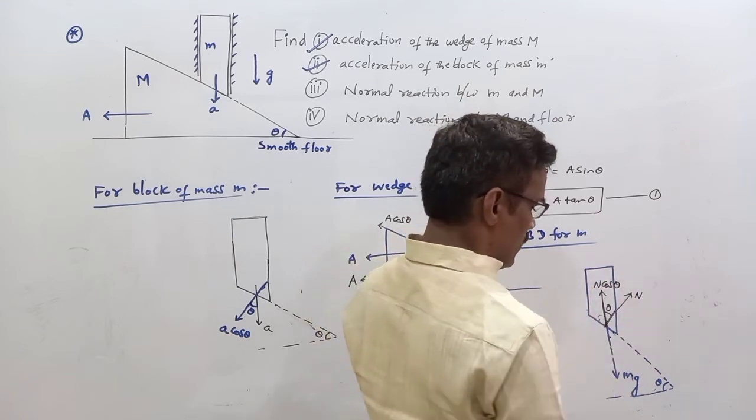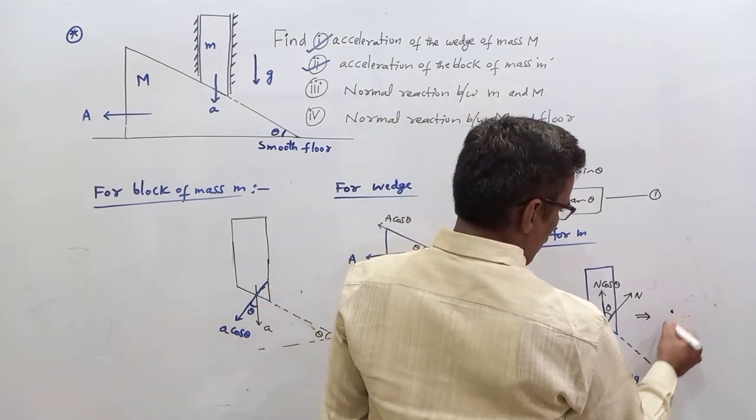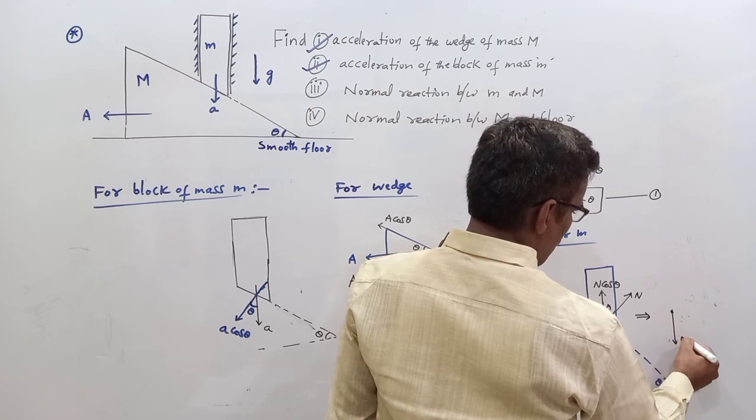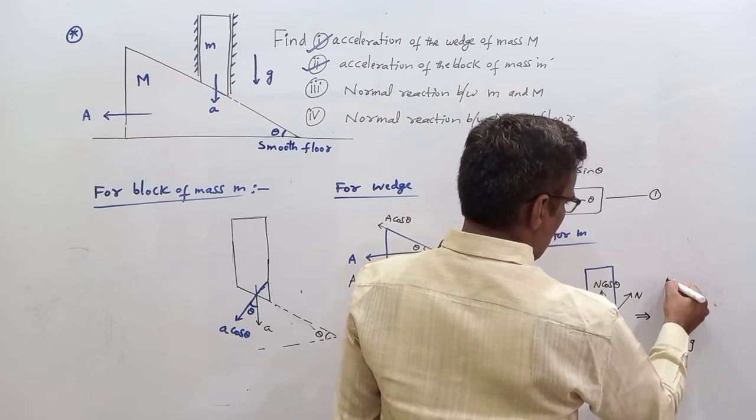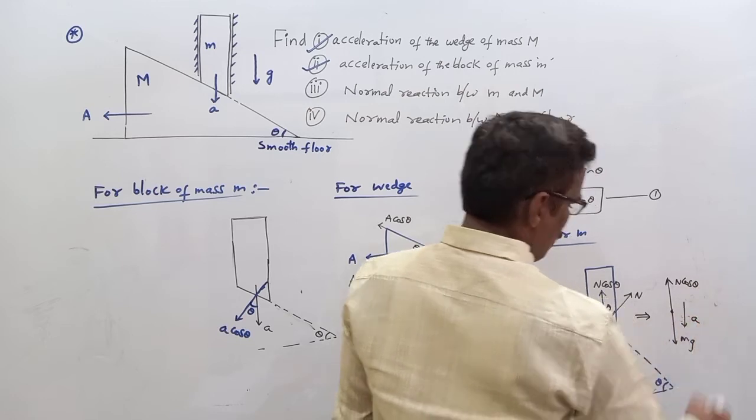In the free body diagram, mg is acting vertically downward and N cos theta is acting vertically upward, but the block moves vertically downward.